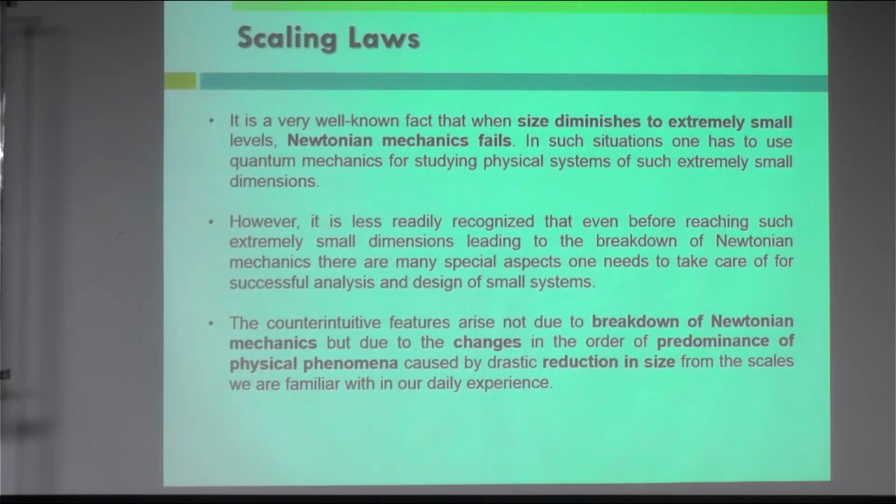And the counterintuitive features arise not due to breakdown of Newtonian mechanics, but due to changes in the order of predominance of physical phenomena. Before the breakdown of Newtonian mechanics, some predominant properties of the materials also change at the small scale, caused by a drastic reduction in size from the scale we are familiar with in our daily experience.